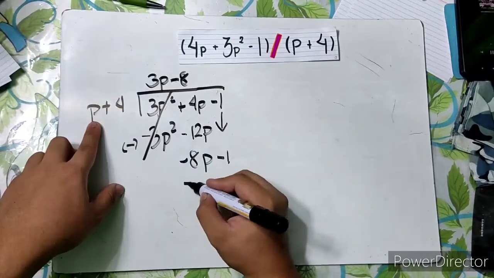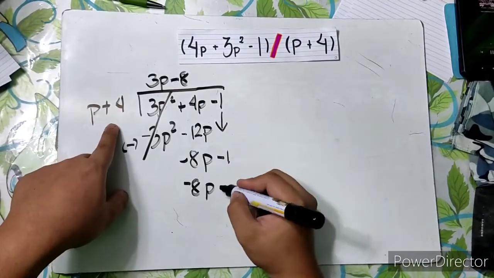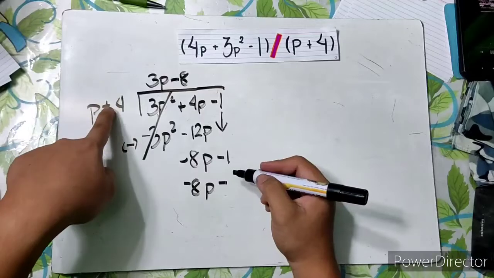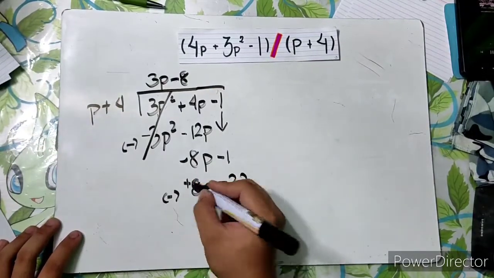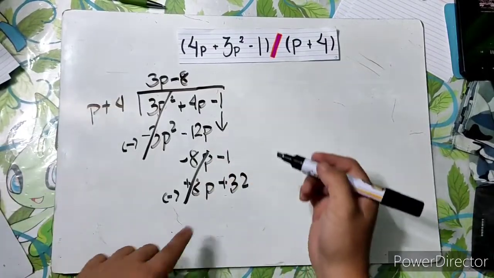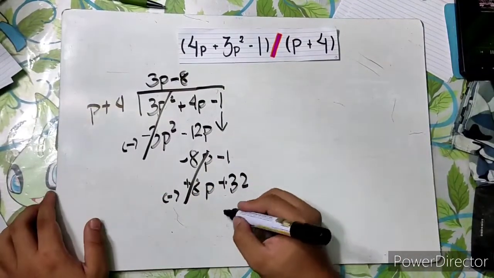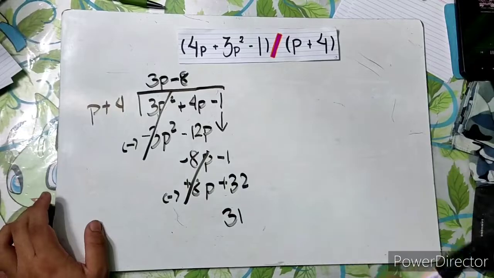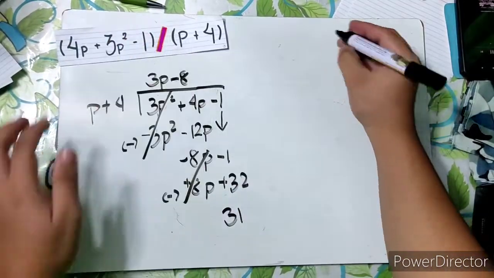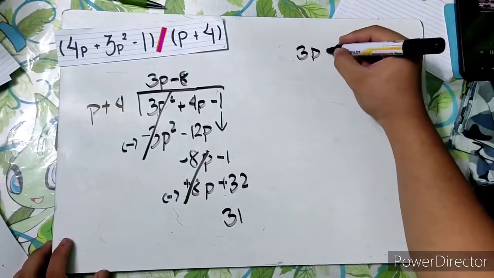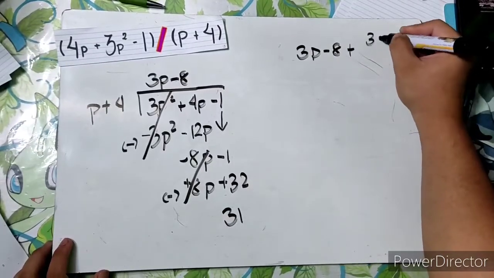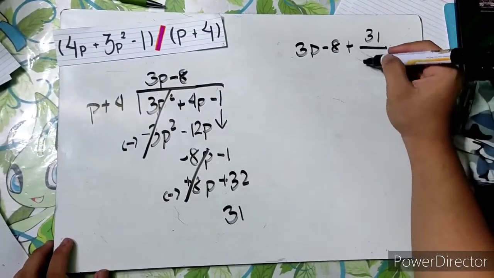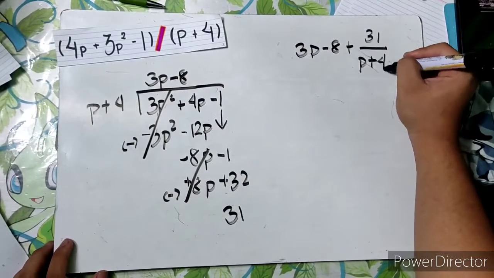So we have negative 8p minus 8 times 4, which is 32. This becomes positive and this becomes positive, so they cancel out. Negative 1 plus 32 is 31. So the answer will be 3p minus 8 plus 31 over p plus 4.